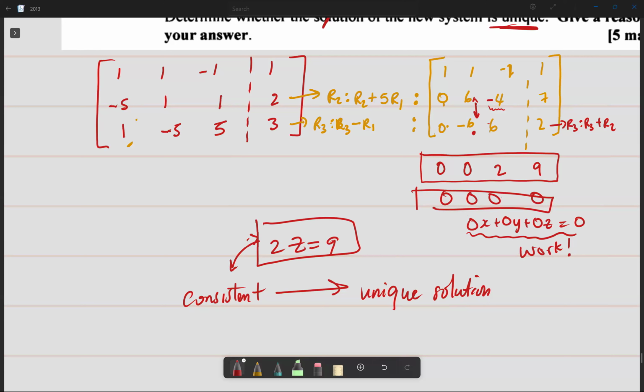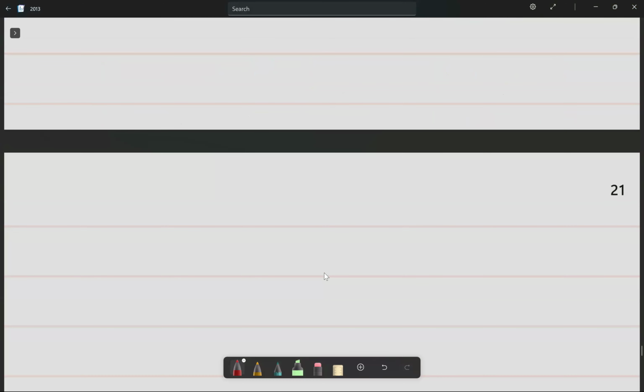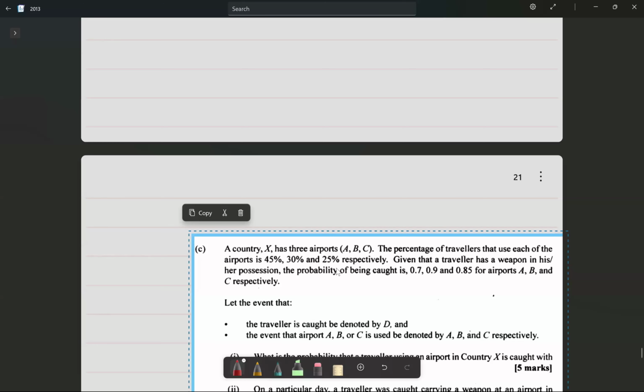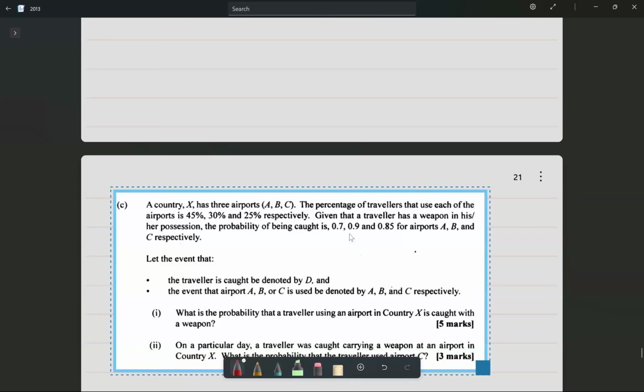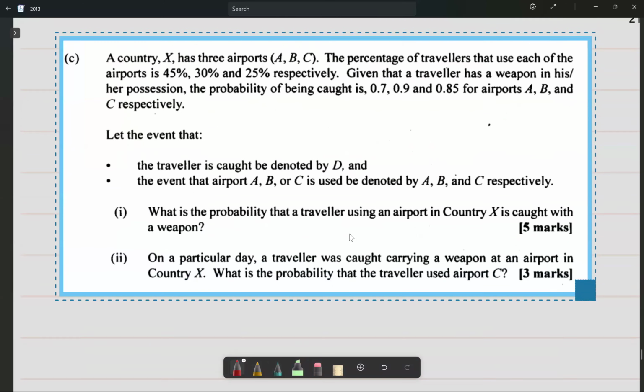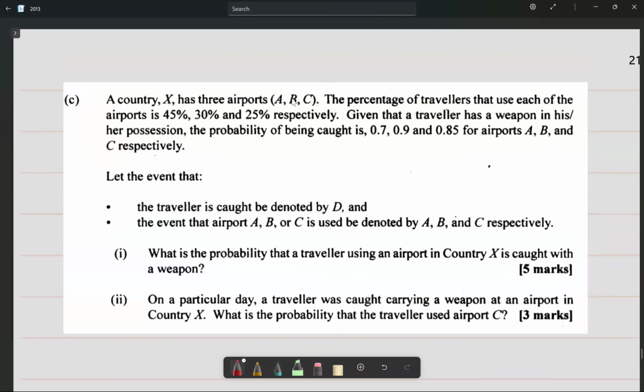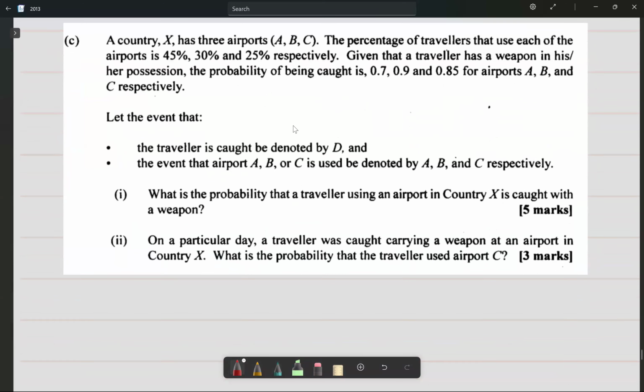Probability. Okay, so for this question, I'm going to do it the longer way because I want to show that sometimes the tree does in fact have different values. In this case, the country X has 3 airports, A, B, and C. The percentage of travelers that use each airport is 45, 30, and 25 respectively.